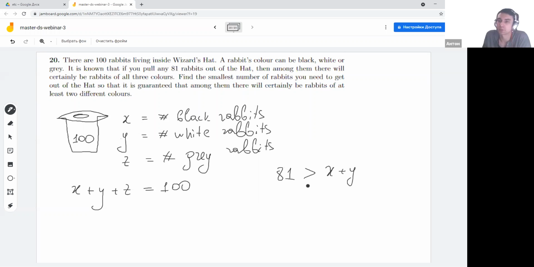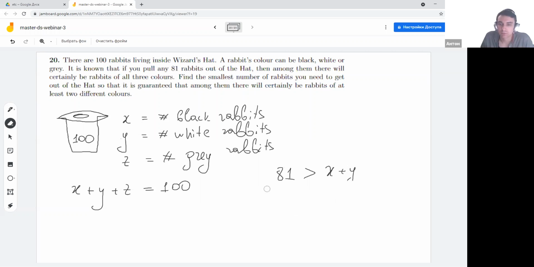There would be such a possibility, but we are guaranteed that it is impossible. Hence, 81 is greater than X plus Y. It is also greater than Y plus Z, and also greater than X plus Z.